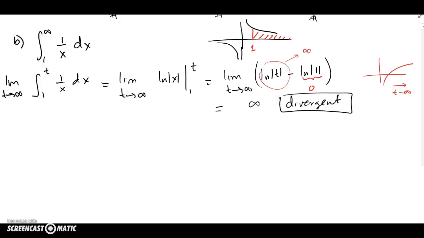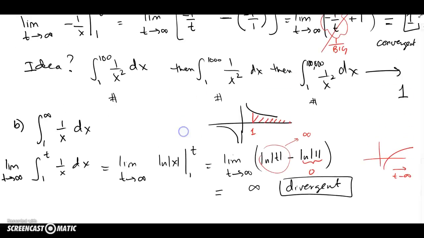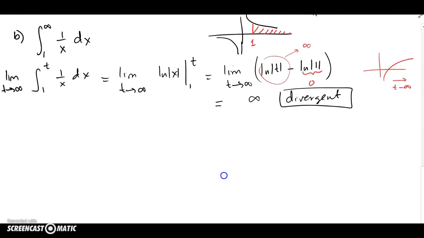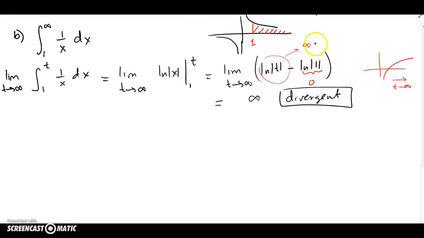In other words, even though the graph looks so similar to the previous one, as I keep going to the right, and I go from 1 to 100, 1 to 1,000, 1 to 10,000, 1 to 1,000,000, those values that I get, unlike the previous one that was creeping up to and approaching a finite number 1, in this case keep getting bigger and bigger without bound, and therefore this area region becomes infinite, and the integral is actually divergent.